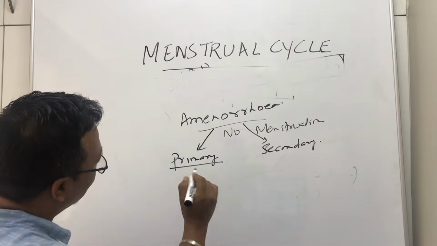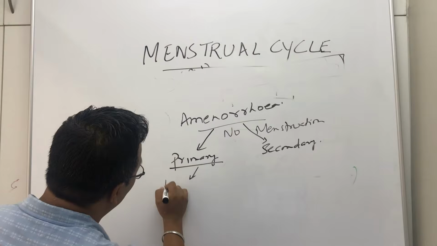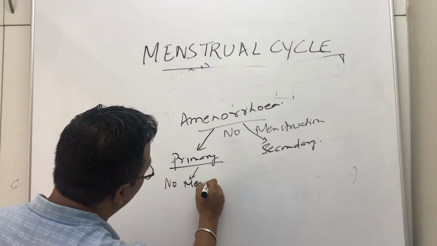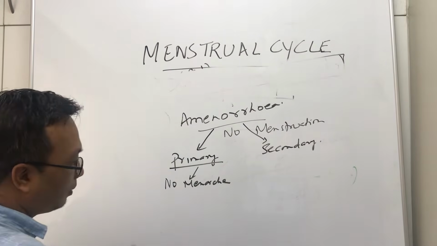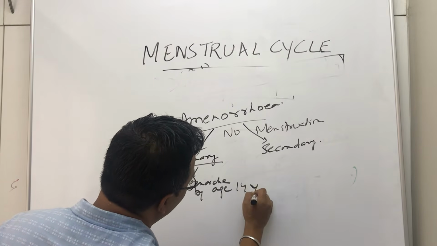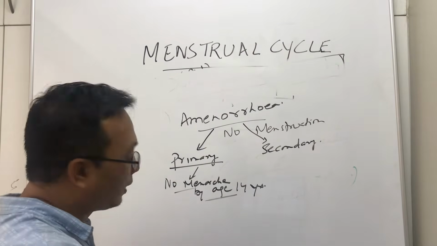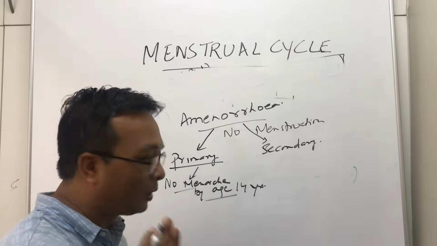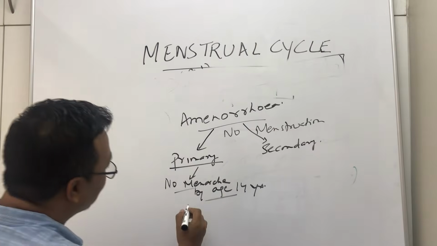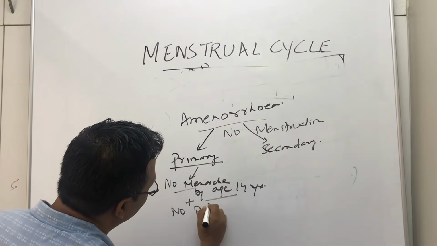Okay, when there is no menarche. Menarche means start of menstruation. When there is no menarche by age 14, when she has reached 14 years of age, she still has not menstruated, plus there is no pubertal development.